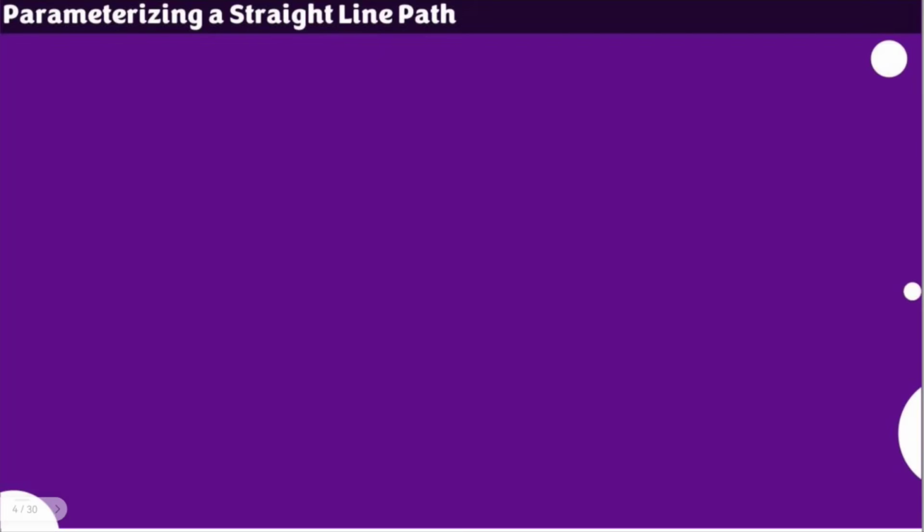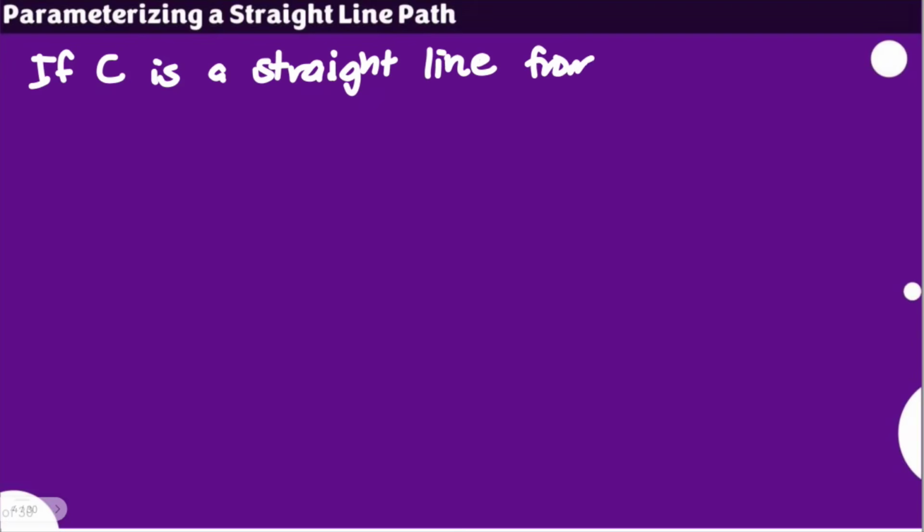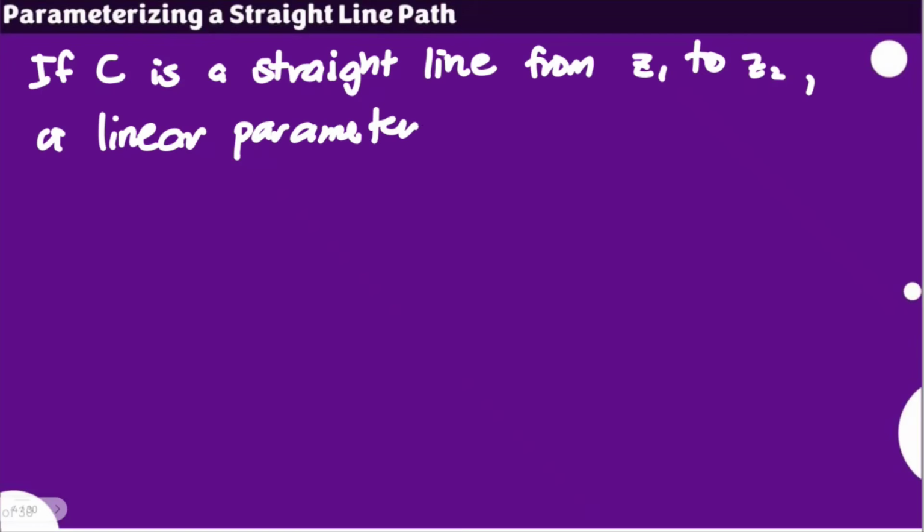We have, if your path C is a straight line, and take note of this because this is unique for this situation, from any point, let's say Z sub 1 to Z sub 2, a linear parameterization works best in this form.